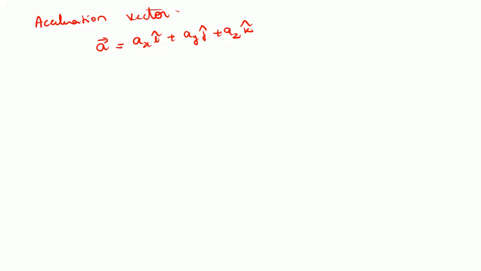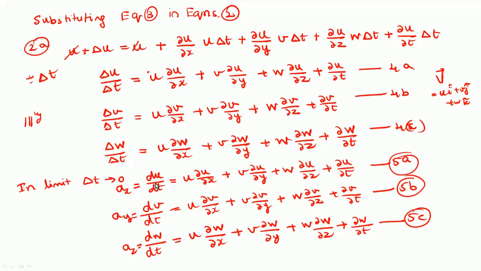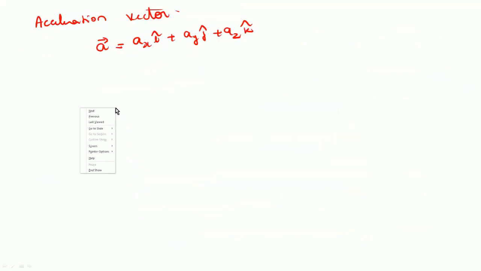Now in the previous slide, the acceleration du by dt can be written in terms of capital D. So I can write ax as Du by Dt, and this is called the material derivative.